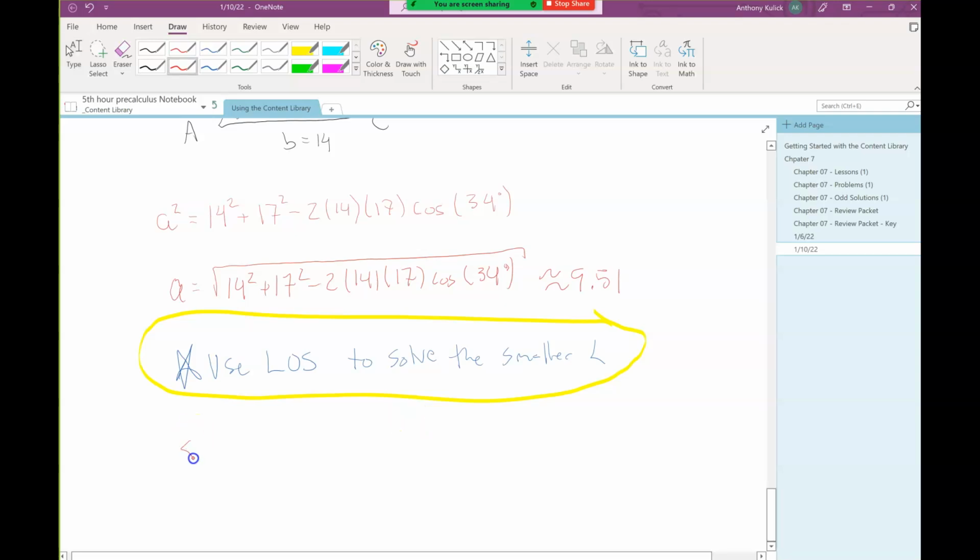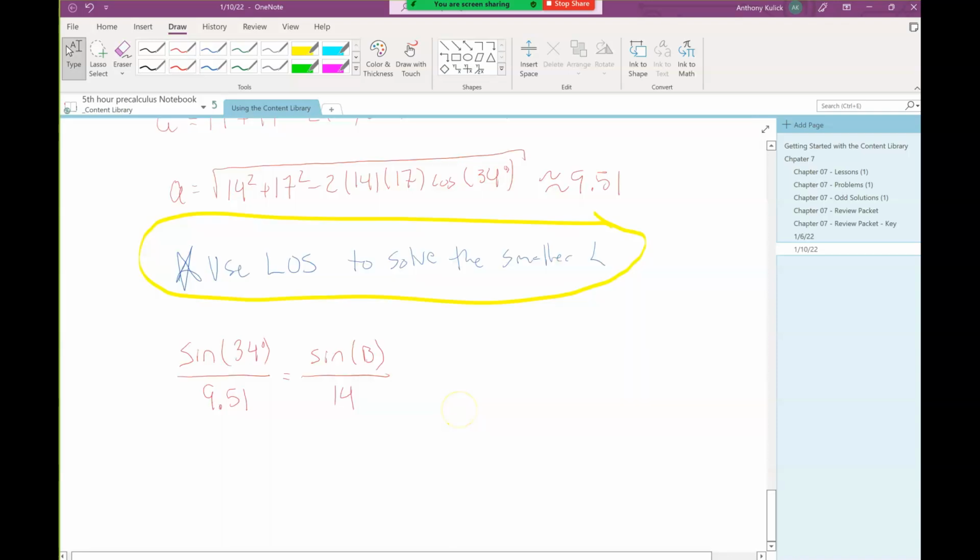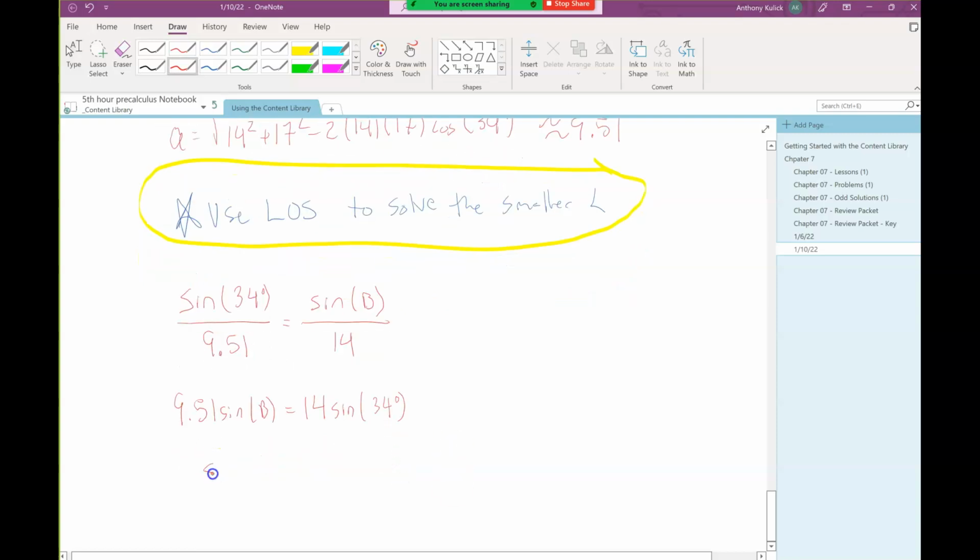So now that we know side A, we can use sine of angle A over side A equals sine of angle B over side B. I can cross multiply and then divide both sides by 951.